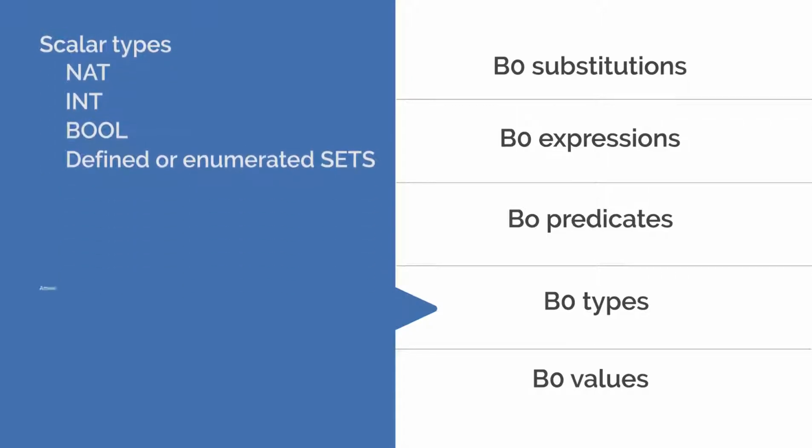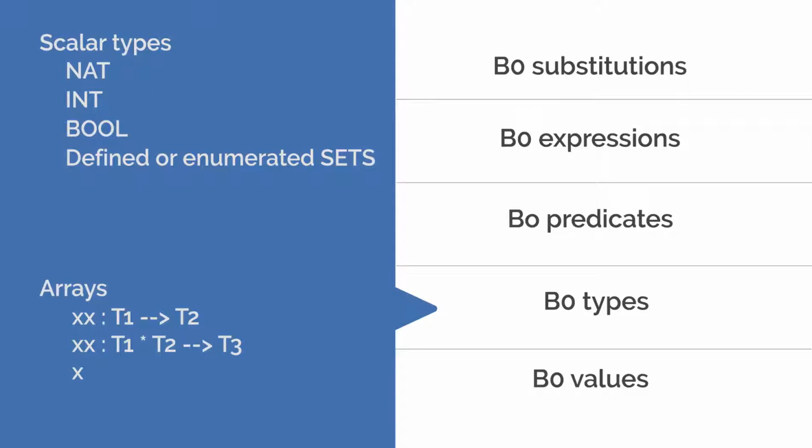We can also have arrays, like these 3 examples on the screen, in which XX can be an array defined as a function from T1 to T2, or from a pair T1 Cartesian product T2 to T3, or as a function of functions, so a function from T1 to a function from T2 to T3.